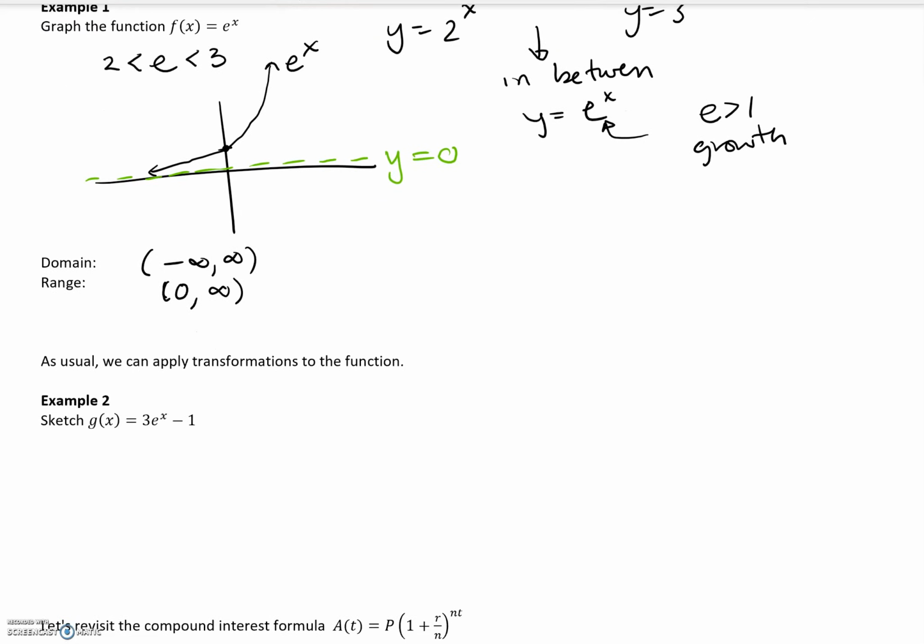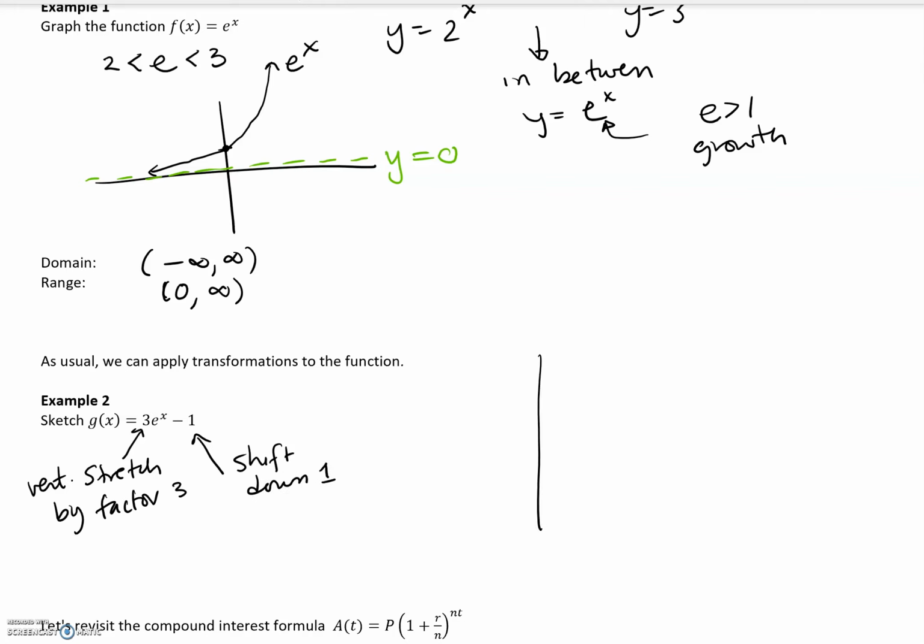For example, the one right here has a vertical stretch by a factor of 3, and also it's shifted down 1 unit. So if I were to sketch that, my basic e to the x would look like that, going through (0, 1).